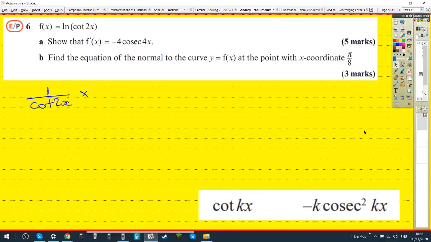So minus 2 cosec squared 2x. Okay. We have to get this.